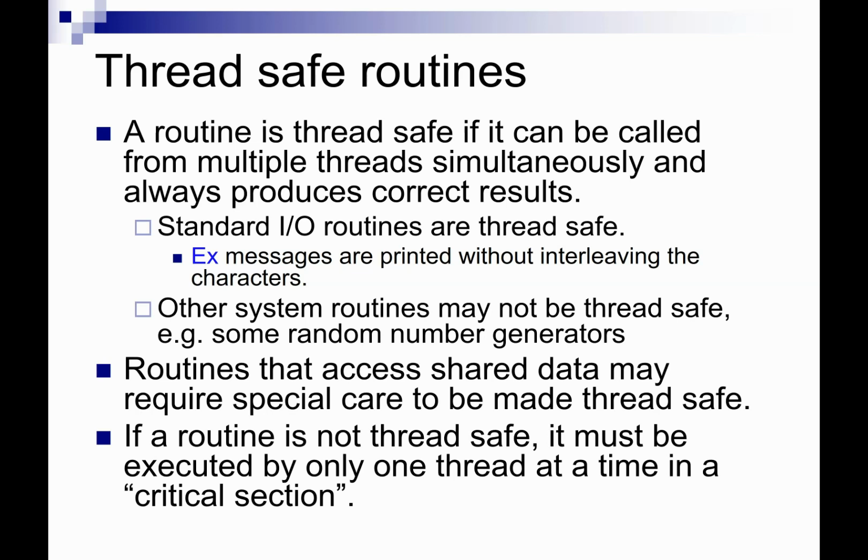One way that we can write a program which can work correctly even with multiple threads is to use something called a critical section. There are other ways also, and I'll talk about those in later lectures.